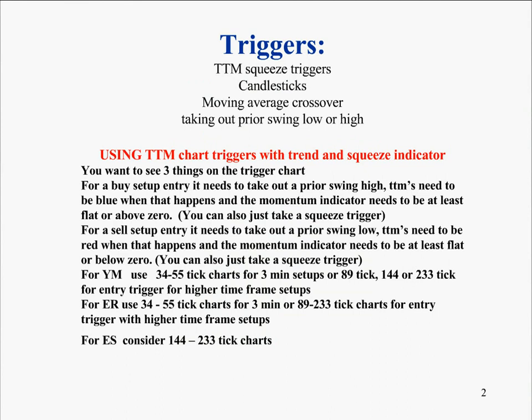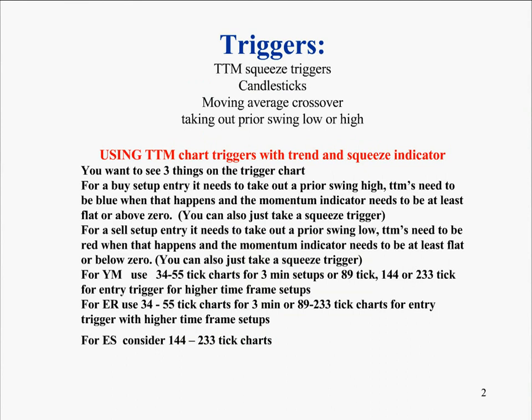And then I want to see the momentum indicator either flat or in favor of the trade. So if it's for a short, I want it to be either flat or below 0. If it's for a buy, I want it to be either flat or above 0. That's what I like to see, and I'll go over quite a few examples of using it, including a couple of setups from the last trading day or so.